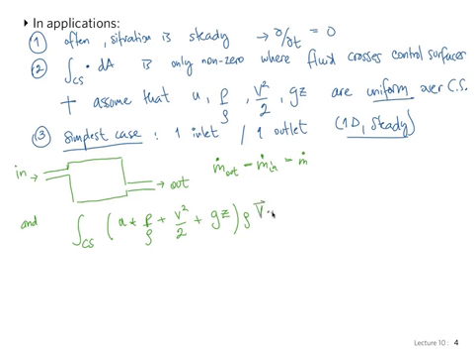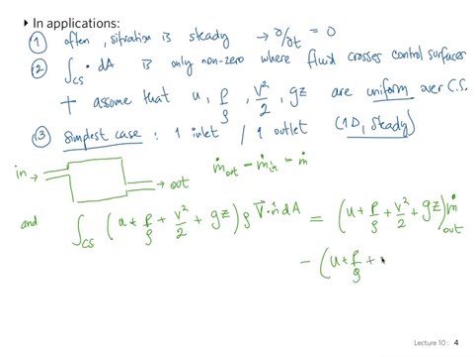All that term now we can write as u plus p over rho plus v squared over 2 plus gz, times m dot out, minus the same thing, u plus p over rho plus v squared over 2 plus gz, times m dot in.